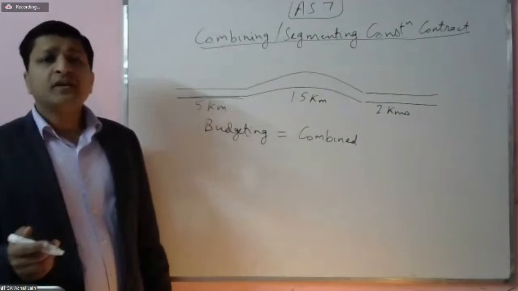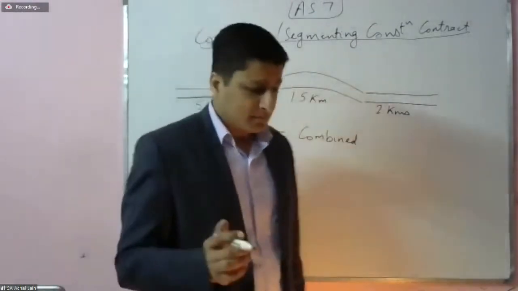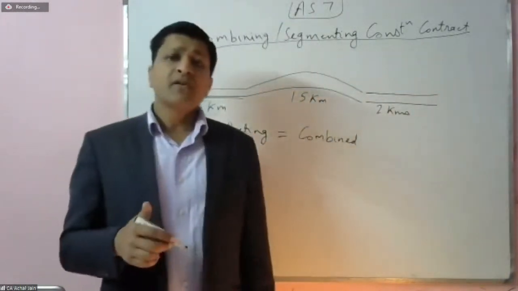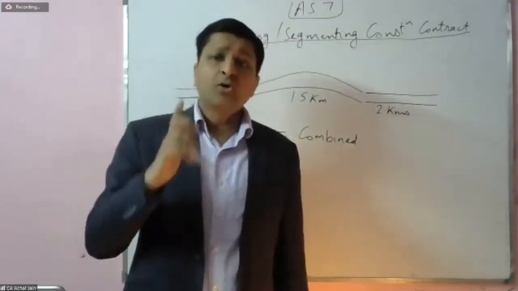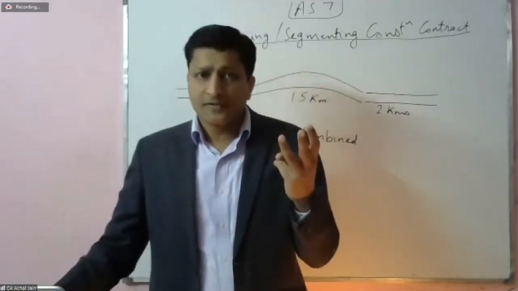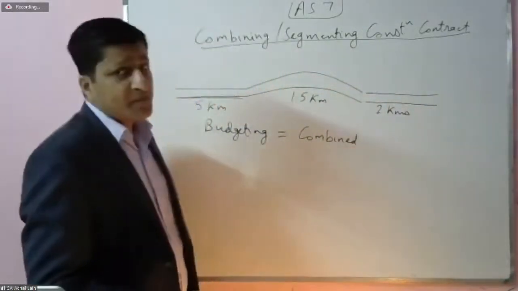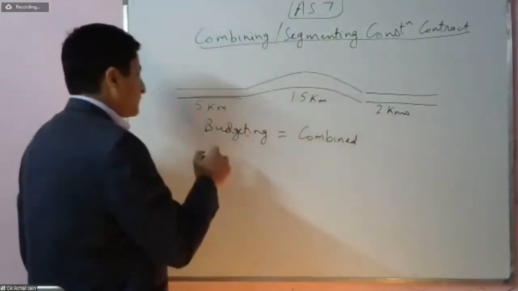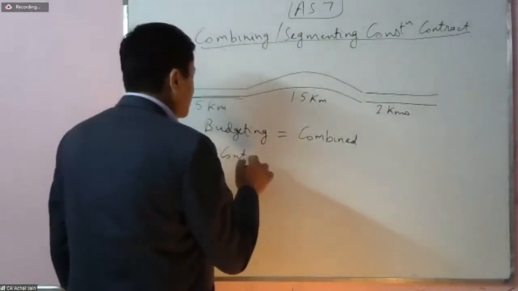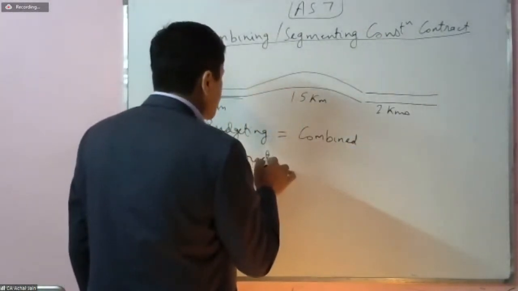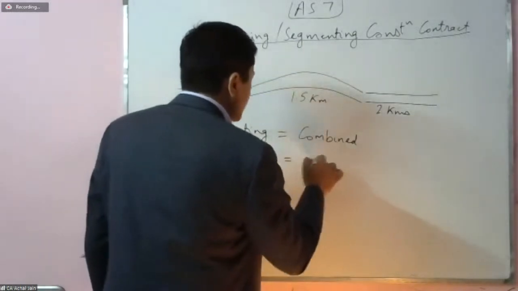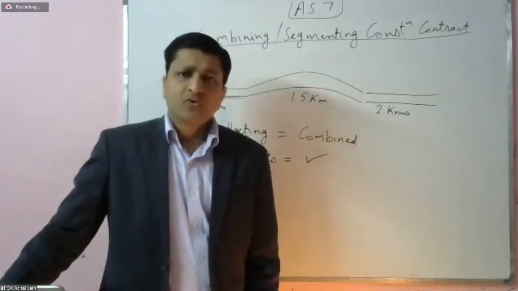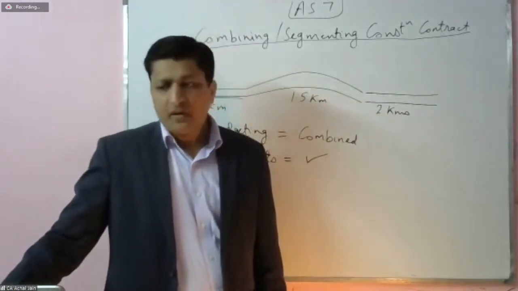Eventually, when the contract has been awarded, then instead of awarding 1 contract, authority has awarded 3 contracts separately for this, this, and this. So there are 3 contracts which have been awarded by the authority to the contractor. So to a single contractor, 3 contracts have been awarded.